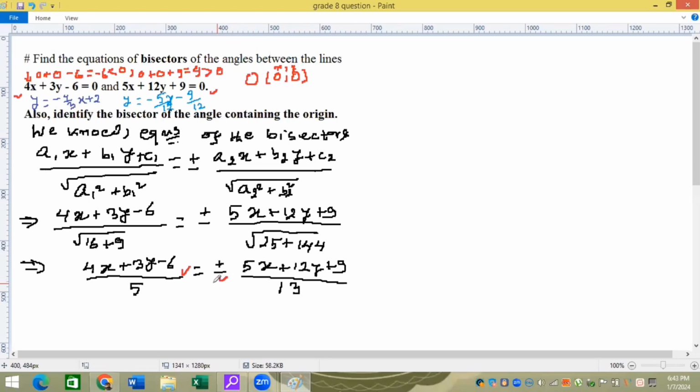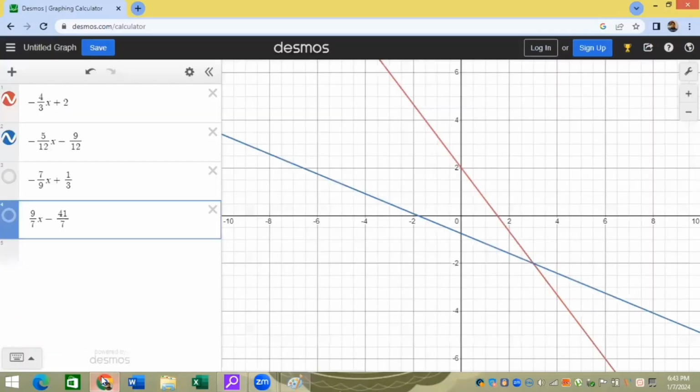And what happens in the graph also, you can see here in the Desmos graph. Let's check now which bisector is going to contain this origin. So let's do some work over here. In this case, if you say the right side or upside of the line is positive, all positive here.